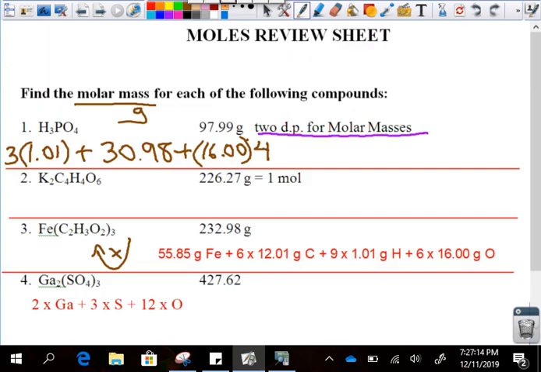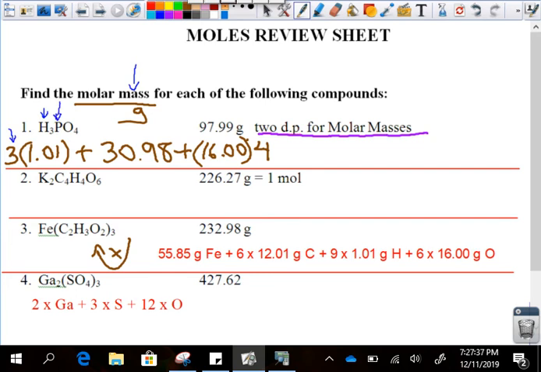So let's look at some molar masses. The first couple questions on your review sheet were find the molar masses, which are measured in grams per mole, or grams as most people say it. And we just go to the periodic table, we grab the elements and add them together. So this one has 3 hydrogens, so I took hydrogen and I multiplied it by 3. It has 1 phosphorus.